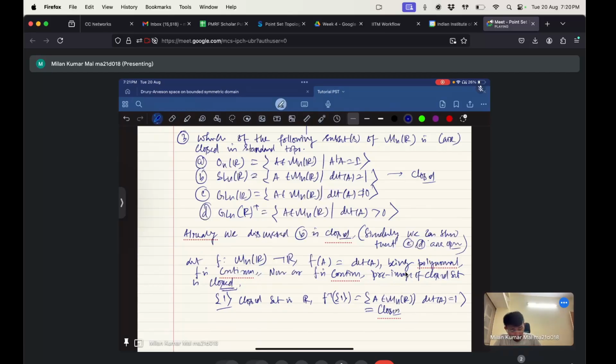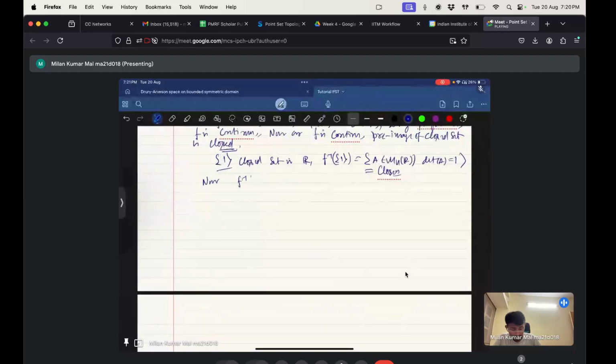Now, F inverse of this particular 0 set, since the 0 set is closed, is equal to all A belonging to MnR such that determinant of A is equal to 0. This is closed as 0 is closed.